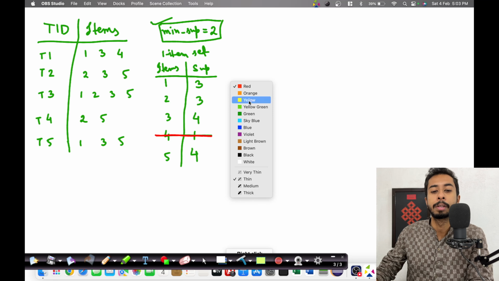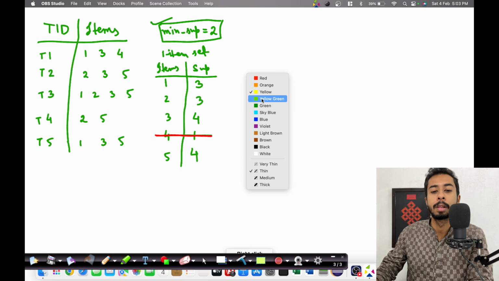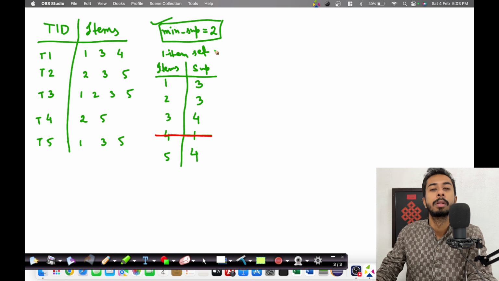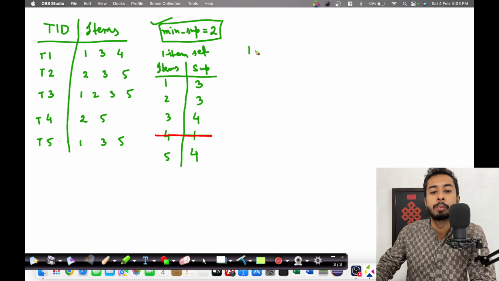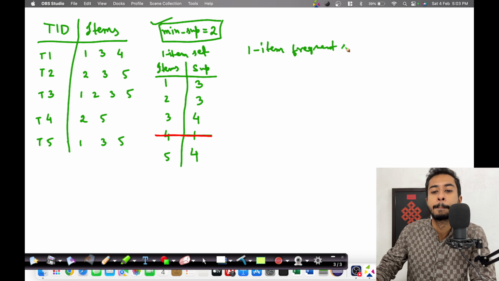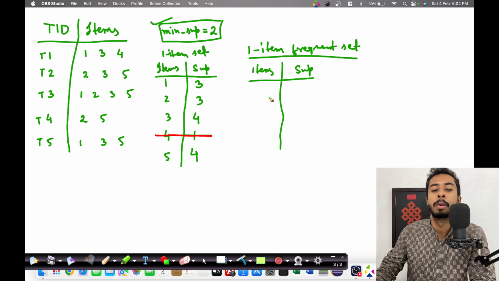Now you see what the next step is. The next step is to find out the one item frequent set. So I'll have the items here, and I'll have the support here.